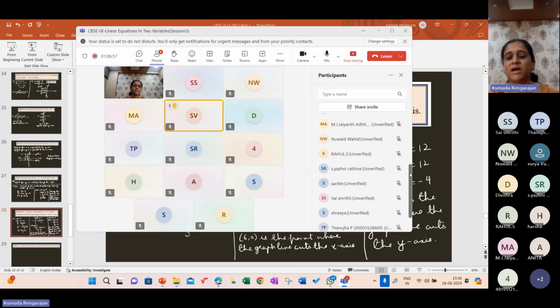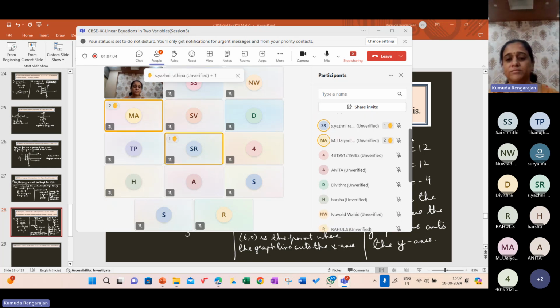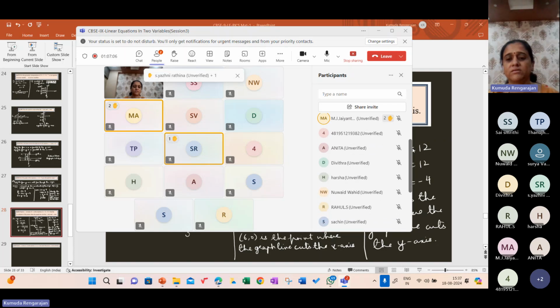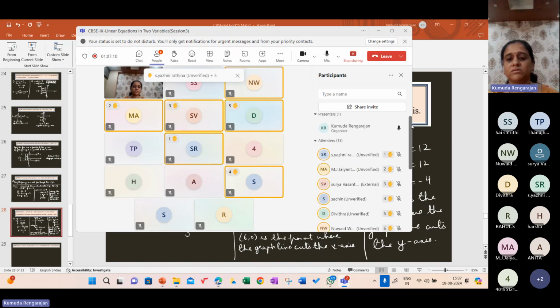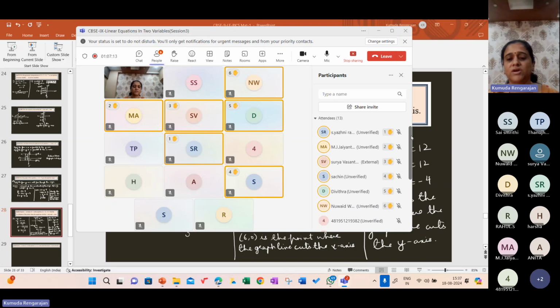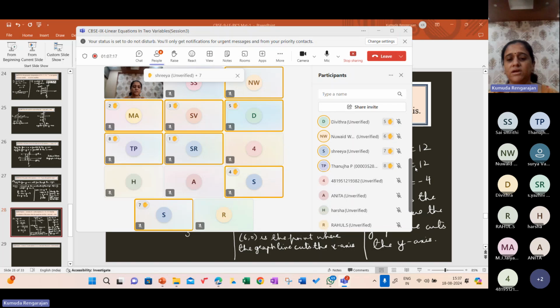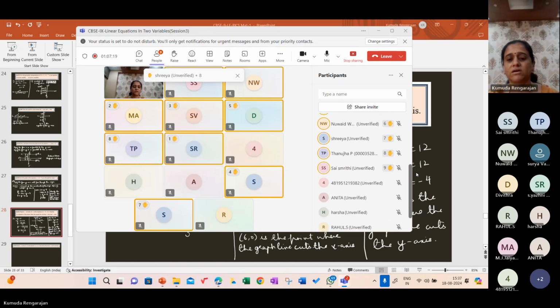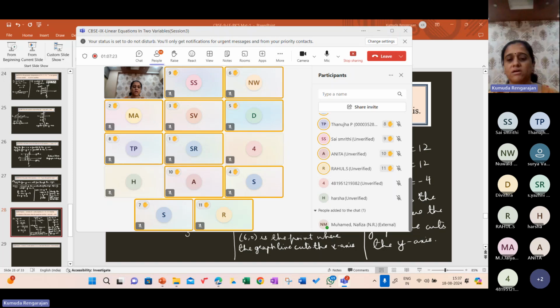If you've completed this chapter in school and not learnt graphs from this chapter, raise your hand. Surya, Jayant, Sachin, Divitra, Noved, Shriya, Sanjay, Sai Smriti, Rahul.